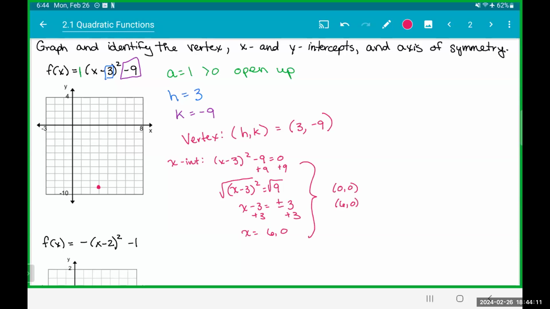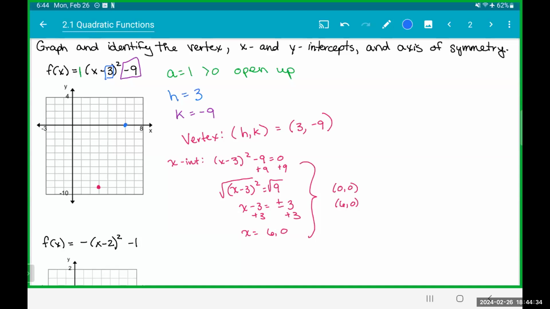So something to point out on the exam, a few of you just said x equals 0. Well, that is not an intercept, right? Let's just pick the number 6 one. So 6, 0 is this point right here, and that is where our graph crosses the x-axis.